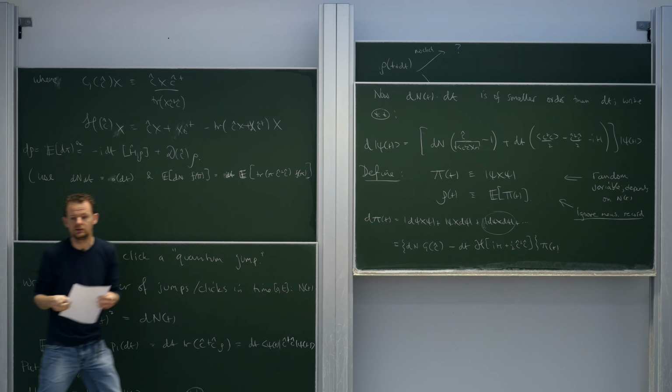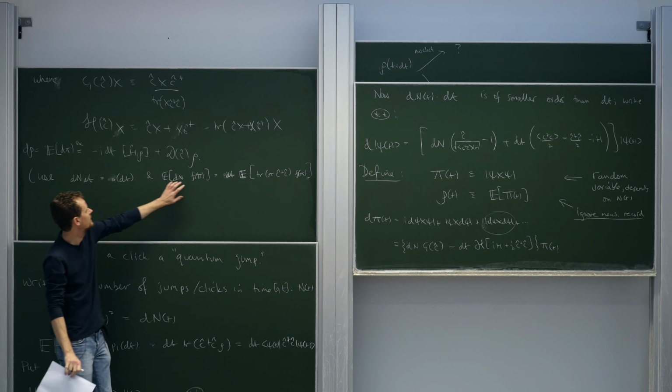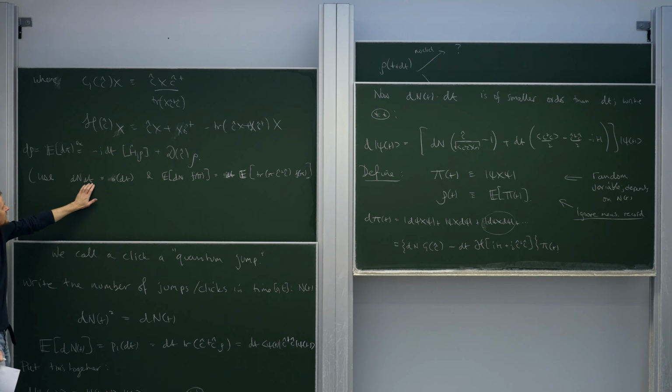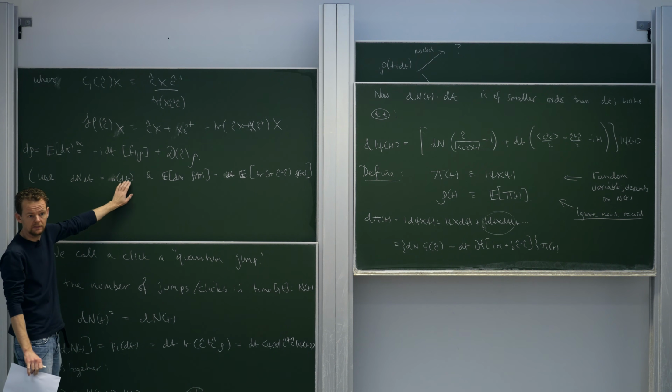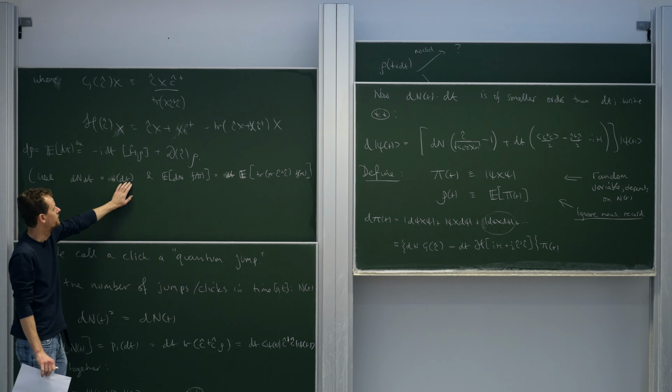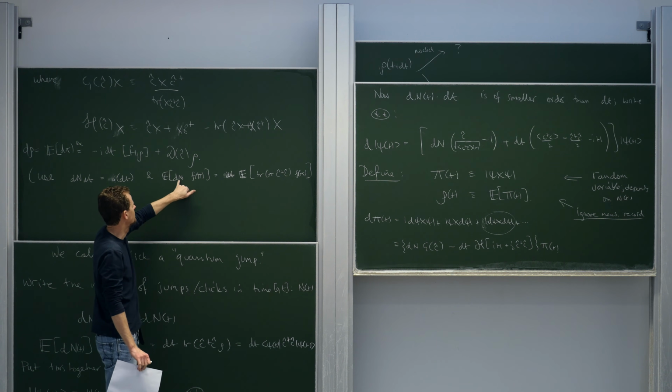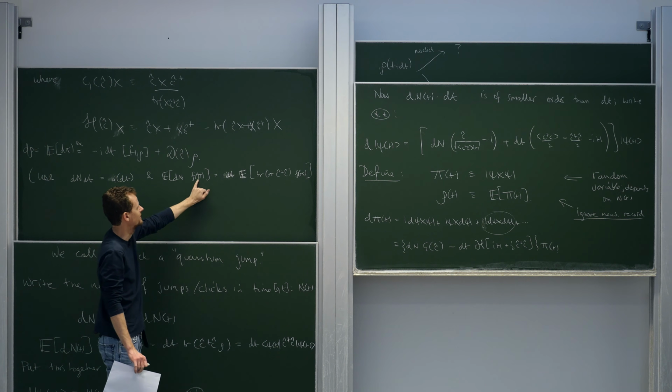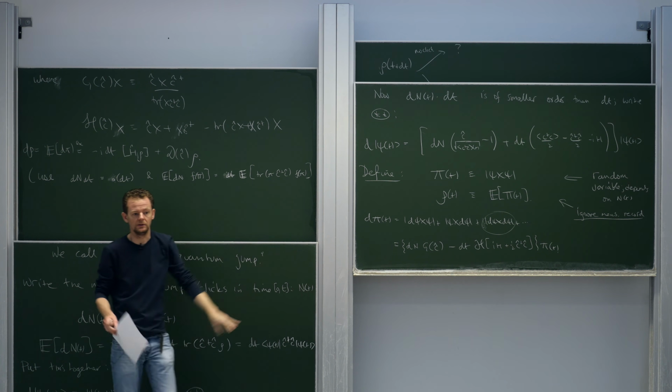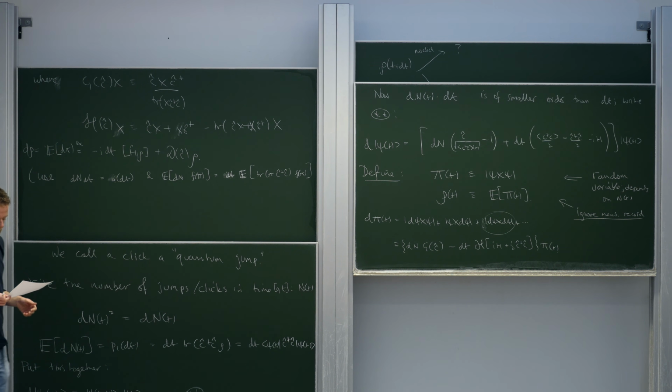To do that derivation, you need to just use these two observations here, namely that dn times dt is something smaller than dt. And secondly, that the expectation value of dn, this random variable dn, times any function of a projection happens to have this form here. You can check that very quickly.